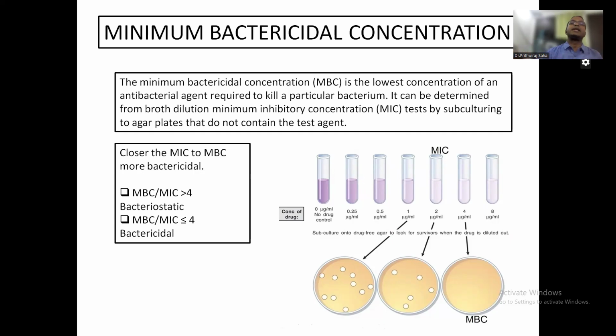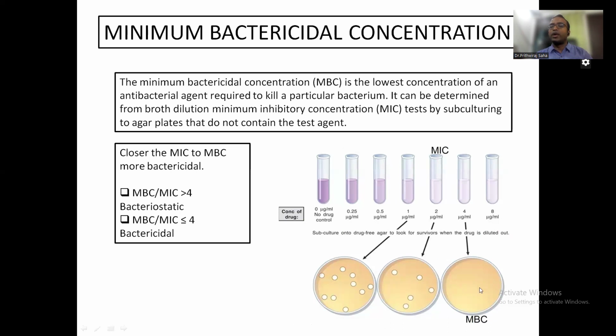So the minimum bactericidal concentration is the lowest concentration of an antimicrobial agent required to kill a particular bacterium. Now the term is kill a bacteria. Previously it was inhibit the growth of bacteria. So how is it determined? It is determined by subculturing to an agar plate. When we subculture on an agar plate, if it is growing, then it is MIC.